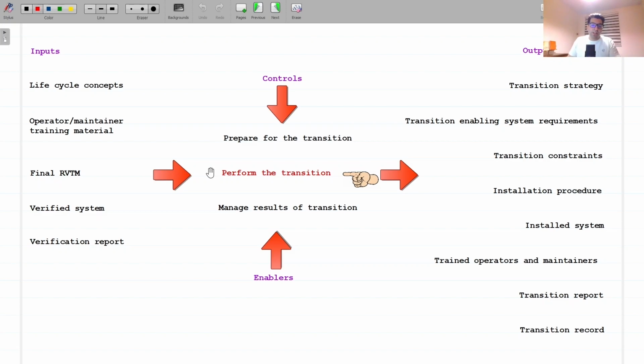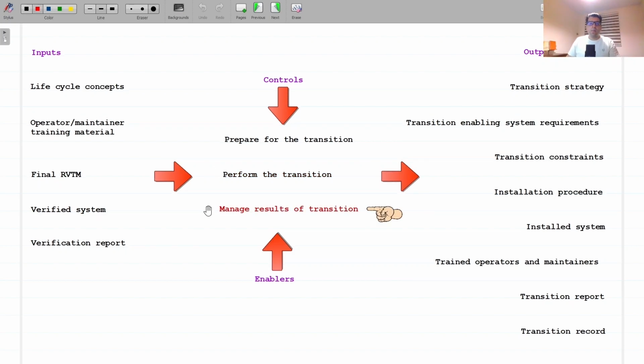After the demonstration of functionality in the operational site and any review for operational readiness, the system can be placed into service.